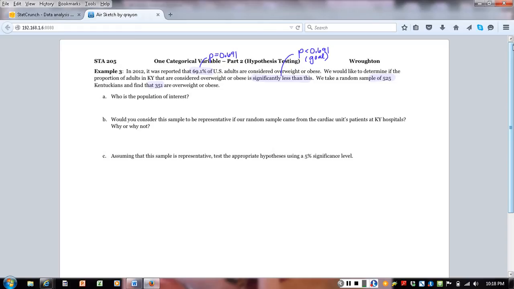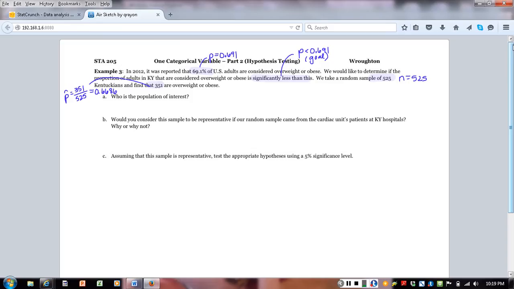We take a sample of 525. And then from here we can find our P hat that we're going to use later. So again, sometimes just writing down what the numbers are can help.